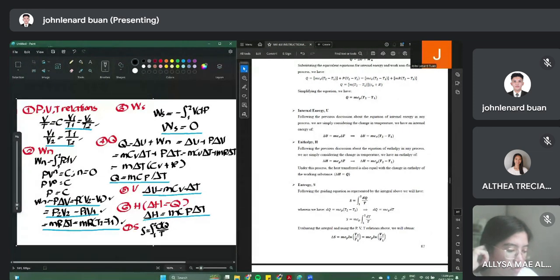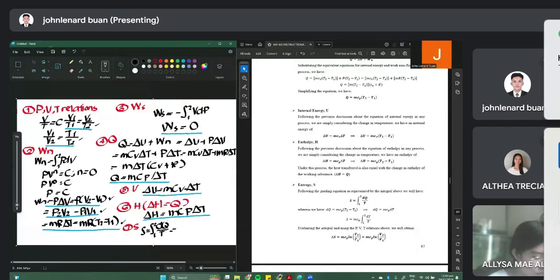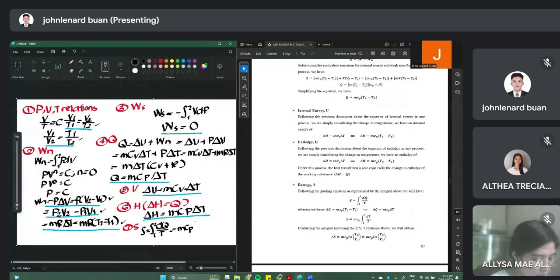So we all know that dq is equal to mCp dT from there. In that case, it will give us dq as mCp dT. Since we are given there T, pwede nating ilabas si mCp. Labas natin sa mCp, integral ni dT over T from 1 to 2. So the integral of dT over T is ln.